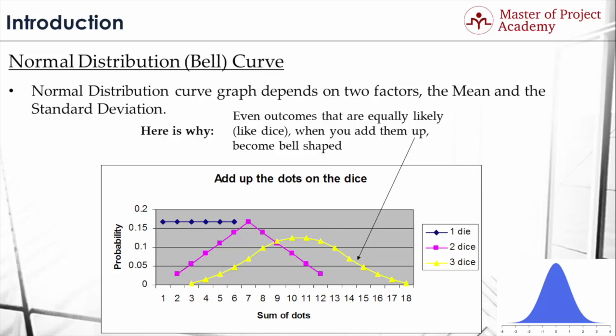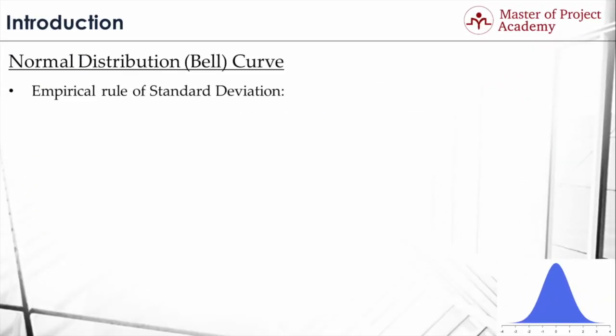Now, I'm sure that you are aware of what standard deviation is. Just to reiterate, the standard deviation is a measure of how closely grouped or how widely spaced a set of data appears. It is one of the measures of dispersion. Now, let's also recall the empirical rule of standard deviation.